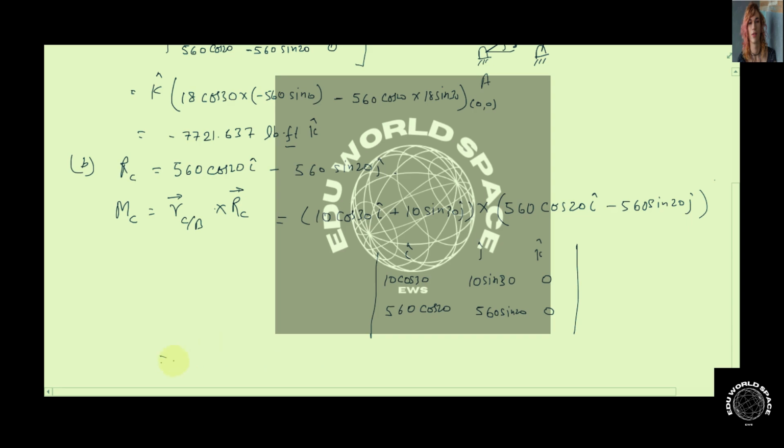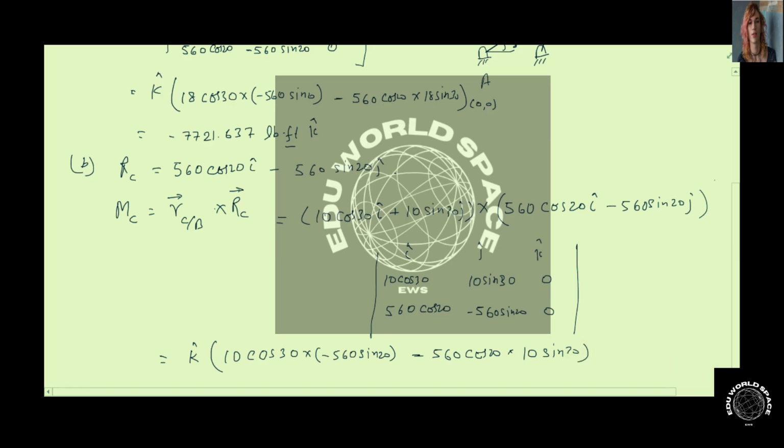If we expand along i cap and j cap, both coefficients come out to be 0, so the only coefficient is about k cap, and it will be 10 cos 30 multiplied with minus 560 sin 20, minus 560 cos 20 multiplied with 10 sin 30.